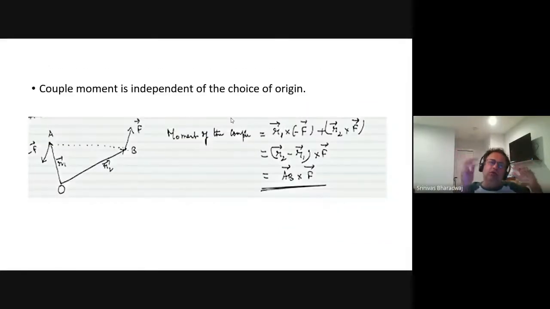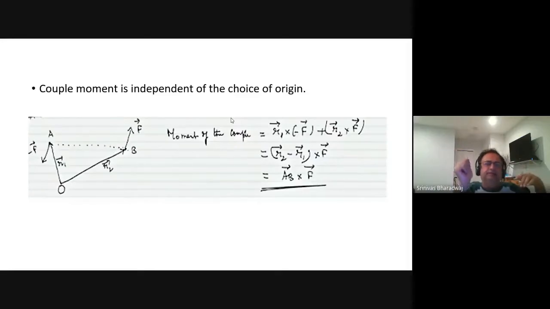And most often, when you deal with net force being constant, you will be dealing with couples, and the moment of a couple is independent of the origin. So in this case, there are two forces acting on A and B: r cross f for this one, r cross f for that one.